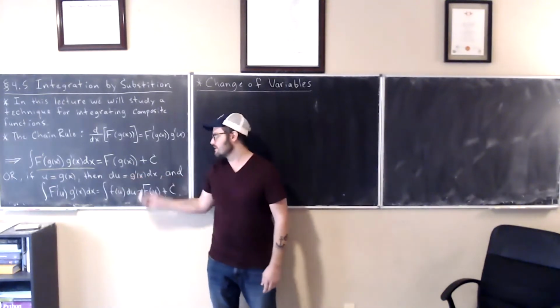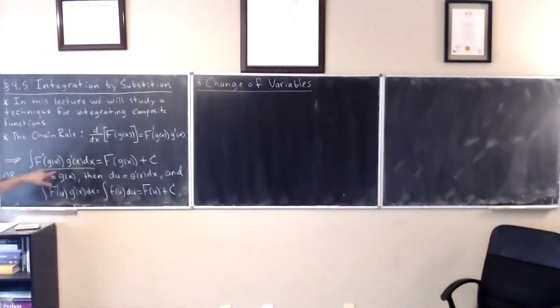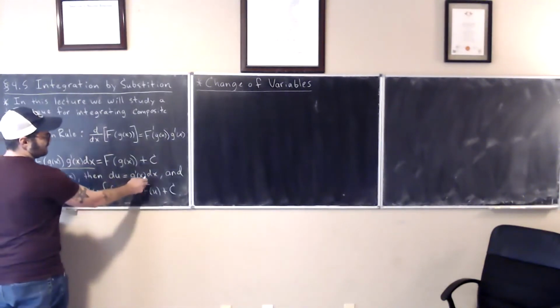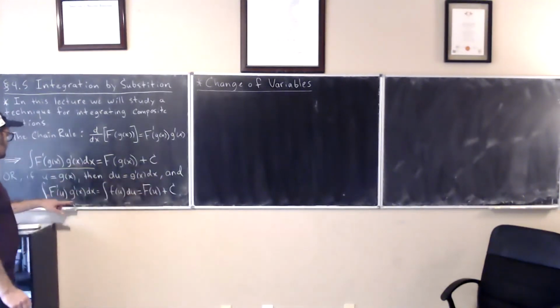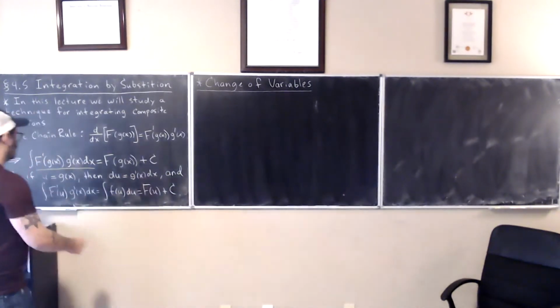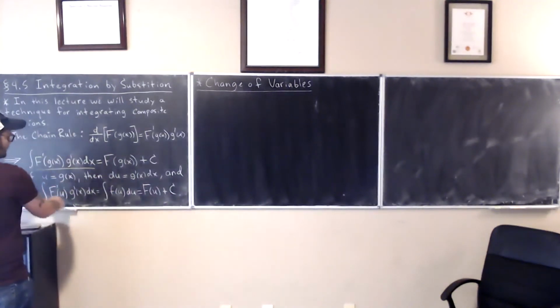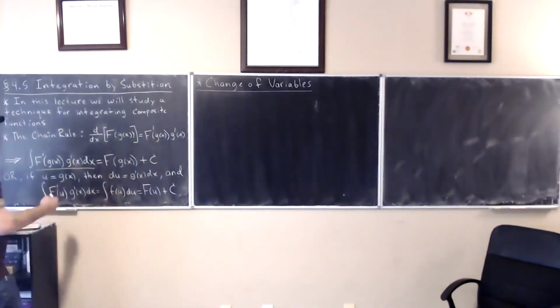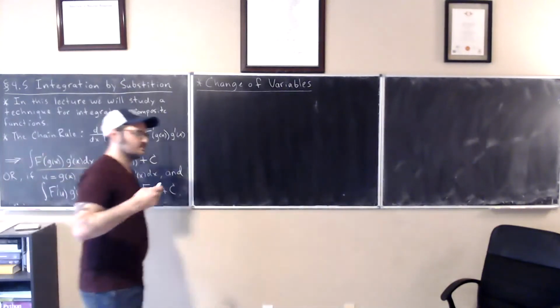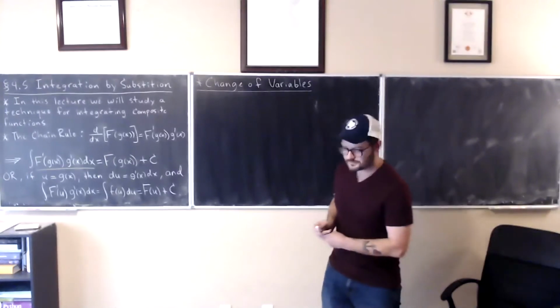So once you do that, you have that if g of x is u and du is equal to g prime of x dx, then this antiderivative is equivalent to looking at this antiderivative, where we're using the standard notation, the capital F. The derivative of capital F is F, so you can get from one to the other by taking the derivative of the antiderivative.